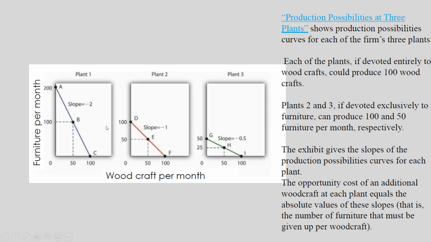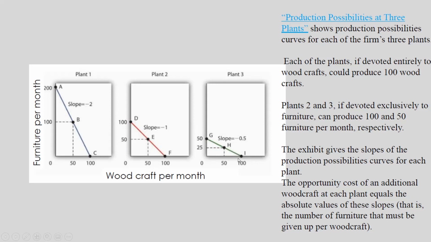What that means is if you only produce furniture using plant number 2, you can produce 100 furniture. Or else if you only produce wood crafts using plant number 2, you can only produce 100 wood crafts. Plant number 3 is intentionally introduced to produce wood crafts, but still it has the capacity to produce furniture, though not at a rate similar to the wood crafts.